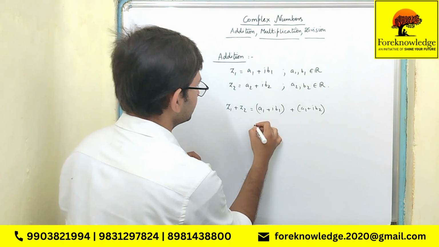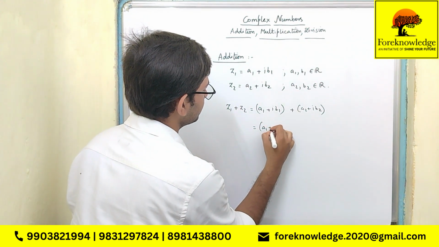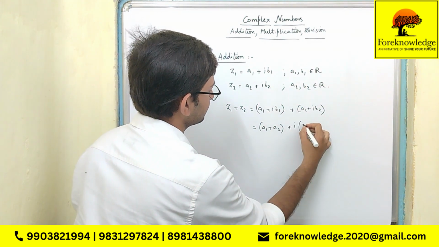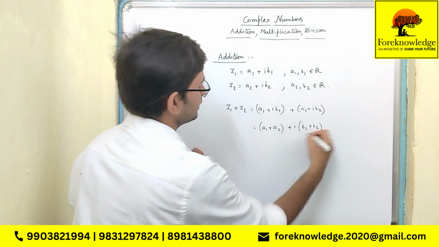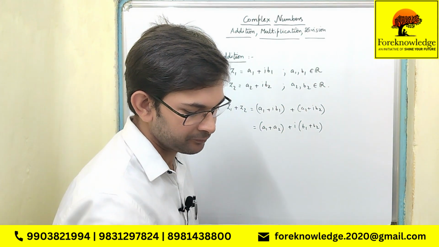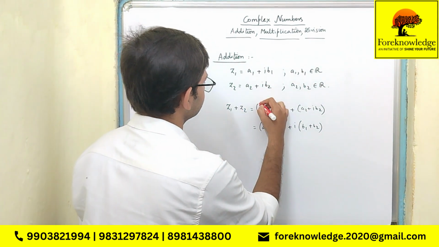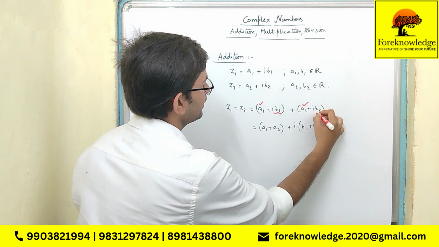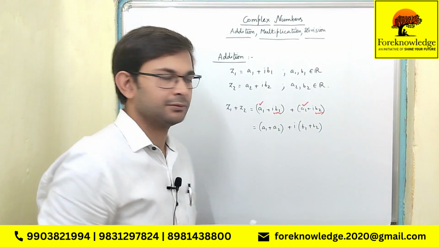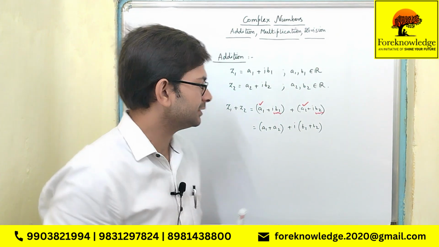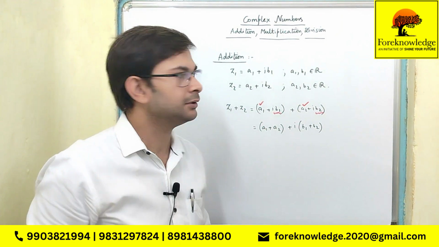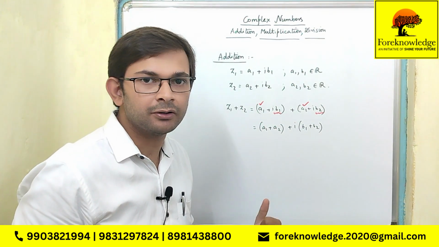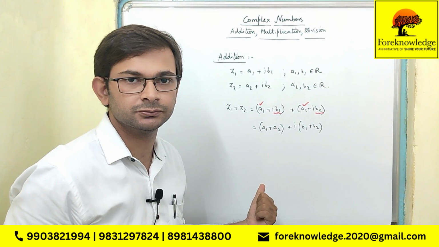That means add the real part with the real part, a1 plus a2, plus i times the imaginary parts added together, b1 plus b2, along with the iota. This is how we perform complex number addition. Same for subtraction also.